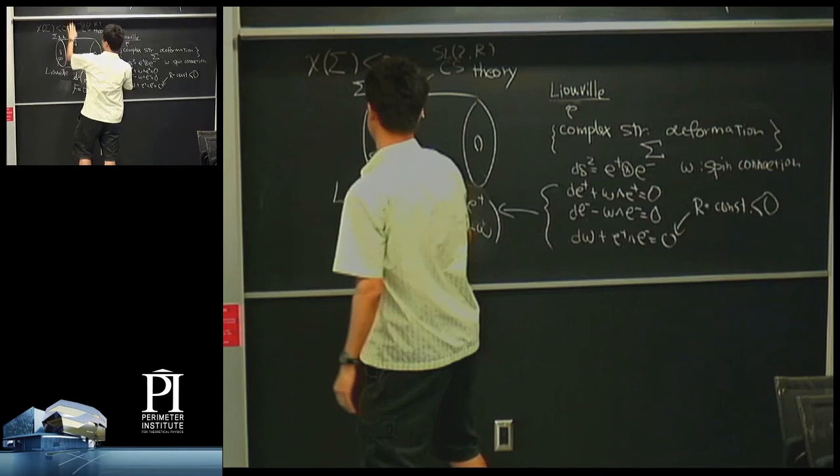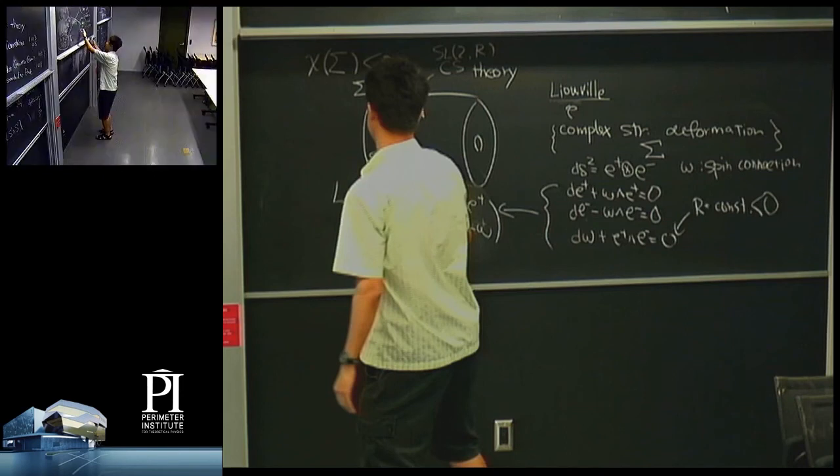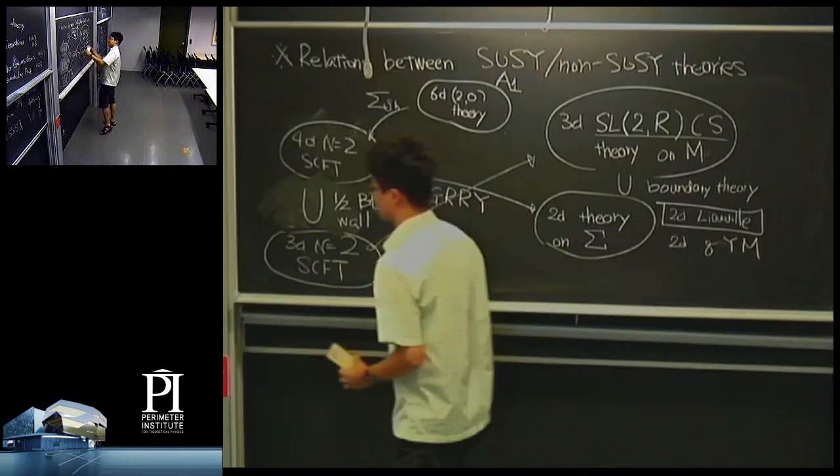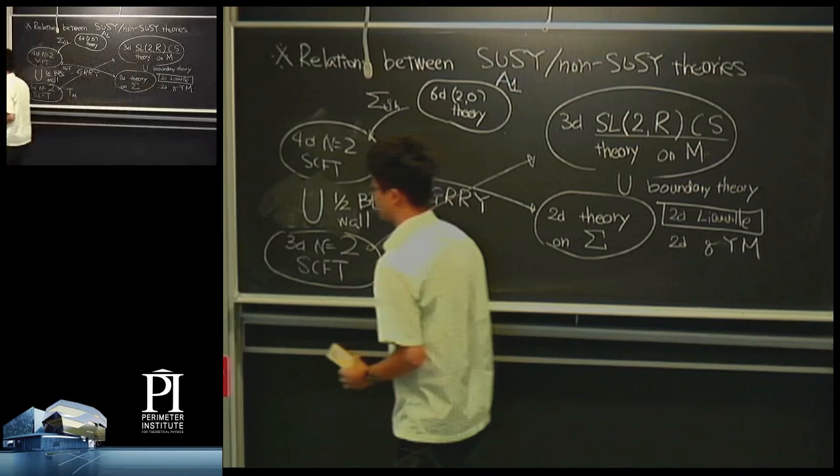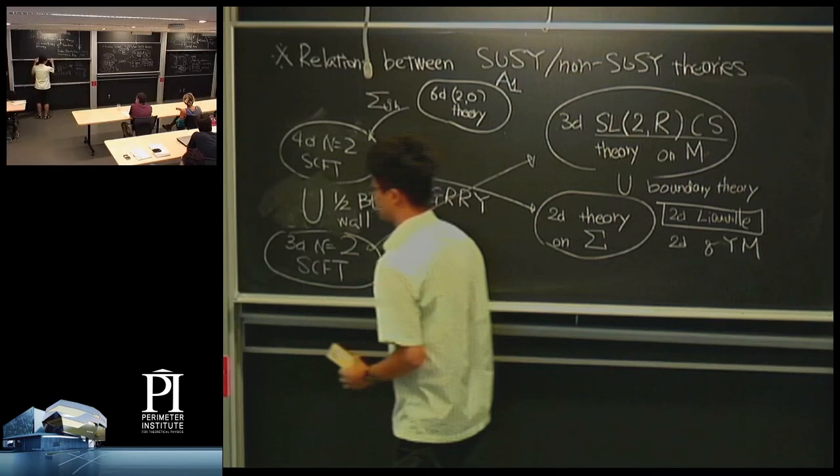Simply put, the reason this theory is related to this 2D Liouville theory, in this case I'm talking about AGT, is that the Liouville theory is the theory on the boundary of the Chern-Simons theory.